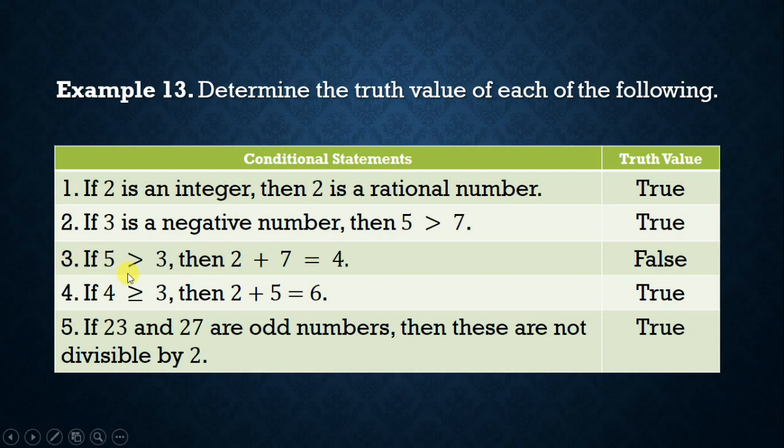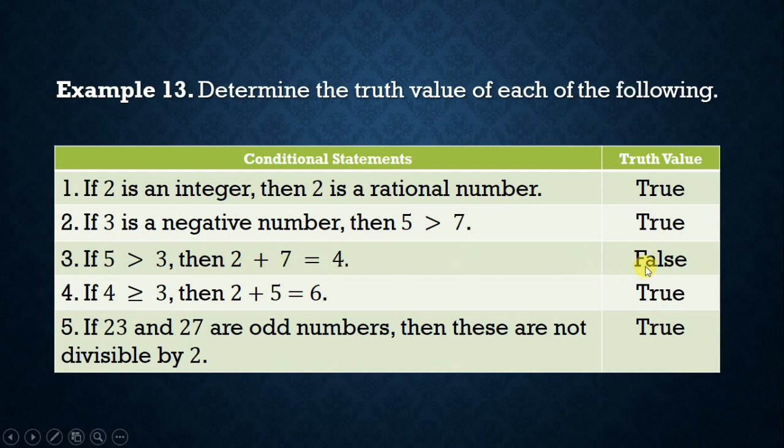Number 3: if 5 is greater than 3, then 2 plus 7 is 4. So our antecedent is true, but the consequent is false. This is not equal to 4, this is 9. So if P then Q, our P is true but Q is false.